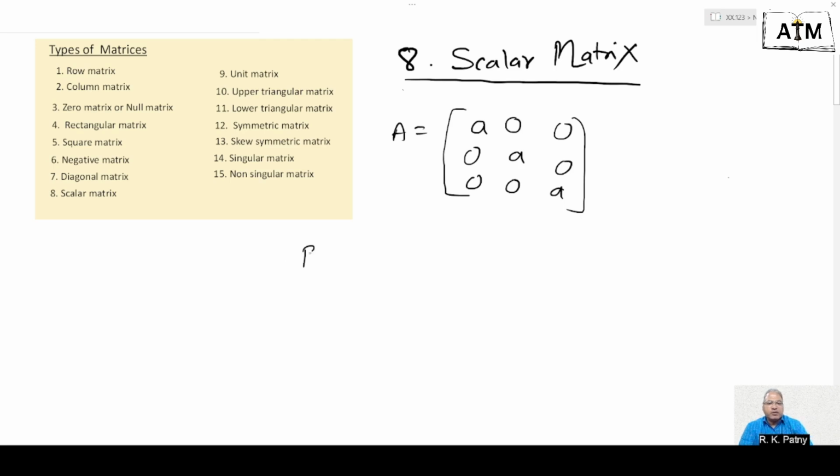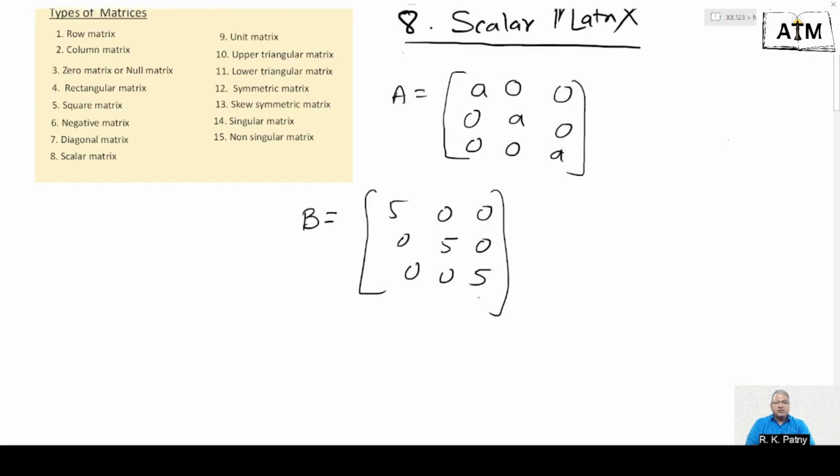Let us take one more example. Suppose here 5 0 0, 0 5 0, 0 0 5. So the elements along the diagonal are equal and the rest of the elements are 0. So such type of matrix is nothing but called a scalar matrix.